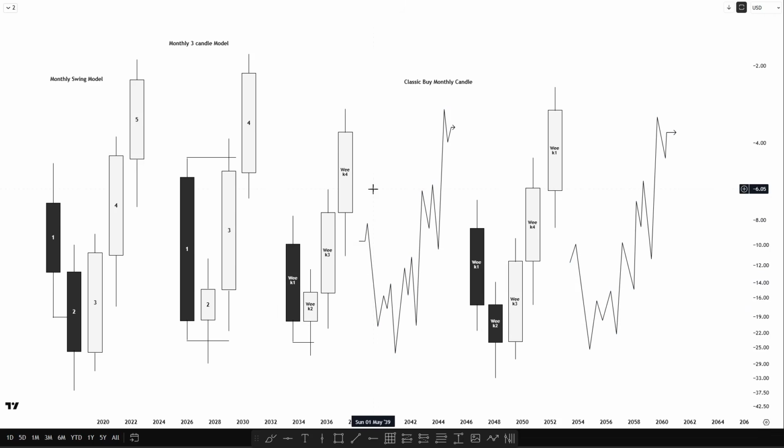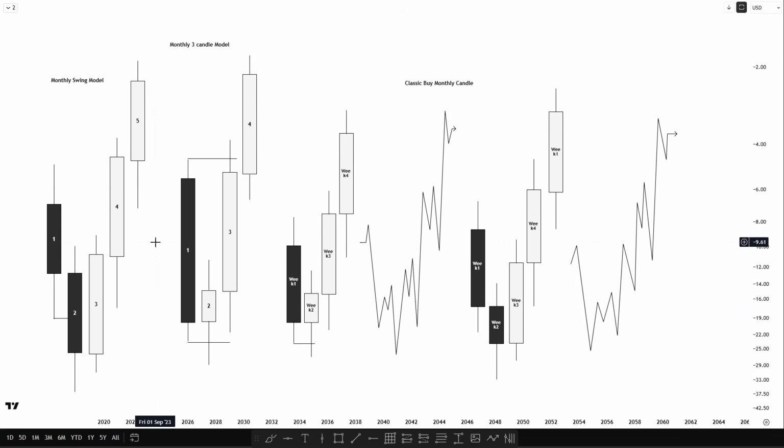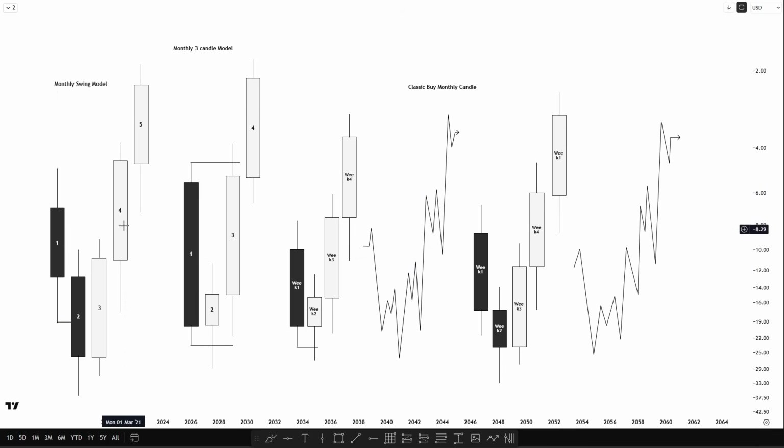So as explained before, there are two ways of expecting expansion candles, right? Swing, candle number 4, after the swing or after the CSD, right? So in this example of the three candle model, we expect right after the soup an expansion candle, after the CSD.